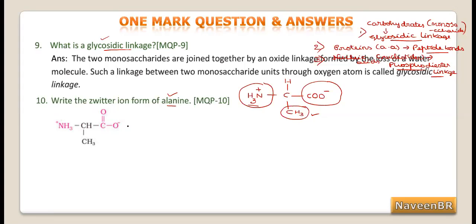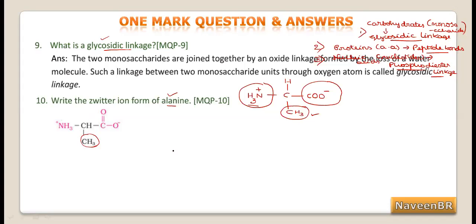It is actually OH, and from the OH, H is donated to become O minus. That is what they have shown. And NH2, by accepting an H plus, has NH3 plus. Then to call it alanine, this is the differentiating portion among the different amino acids. So for alanine, it is CH3.